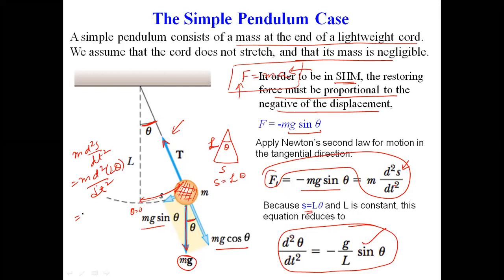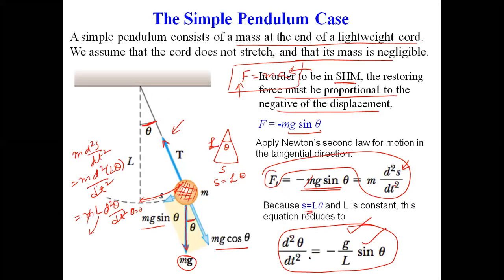L is constant, it will come out: m into L d square theta by dt square. ठीक है, और यहाँ पे आपके पास ये है बराबर माइनस m g sin theta के. ठीक है, so m से m cancel हो जाएगा यहाँ पे. ठीक है जी, so आपके पास इस equation में आ जाएगा when we divide both sides by capital L. तो यहाँ पे g by L हो जाएगा. ठीक है, ये उस तरफ जाएगा. So d square theta by dt square.